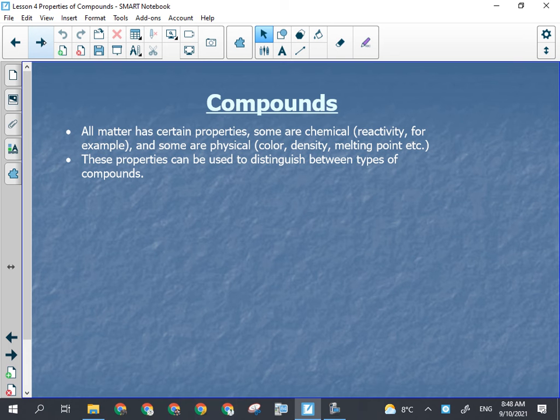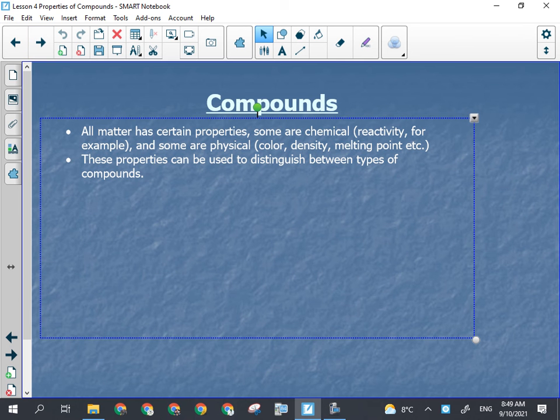Stuff like that. Those are all physical properties, things that are readily observable. Density, also something that's readily observable. If I pick up a piece of styrofoam and a chunk of iron, one's definitely more dense than the other. It's just a physical property. All right, so those properties can be used to distinguish between different types of compounds and then individual compounds after that.